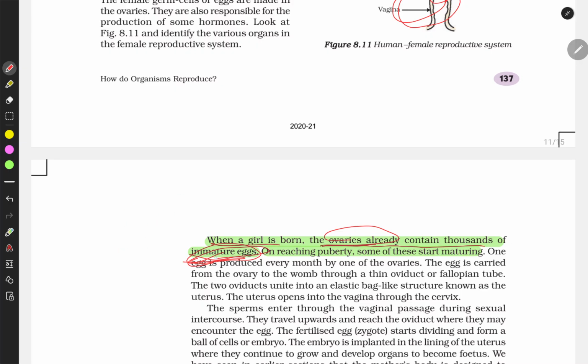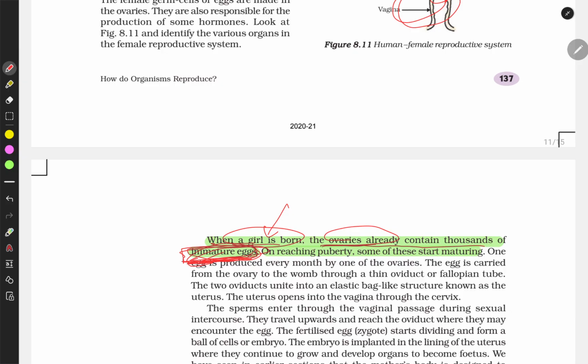But in females, it does not happen after puberty. They already contain immature egg cells from birth, and these formed when they were inside their mother's womb.